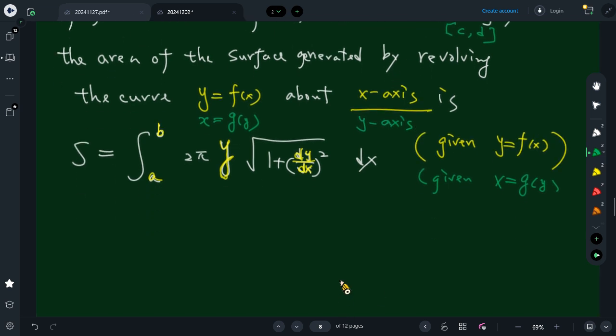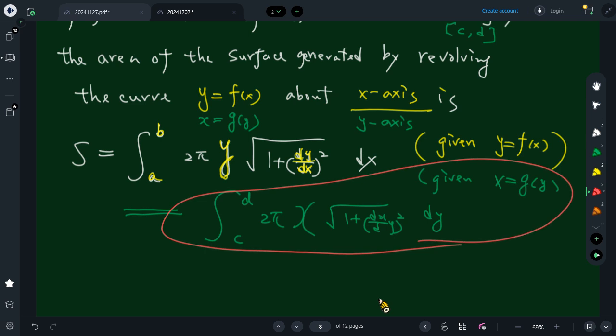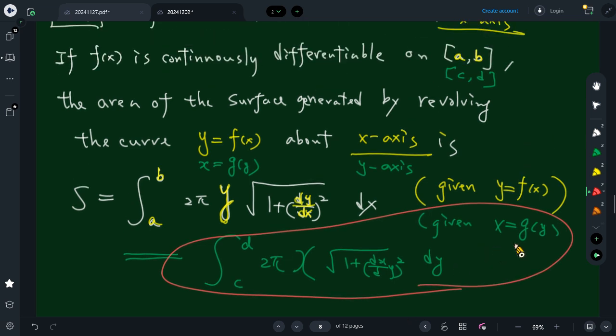So in this case, the formula will become the integral from c to d of 2 pi, remember, here should be x, times the square root of 1 plus (dx over dy) squared, then dy. If you are given x equals some function of y, you will follow this.